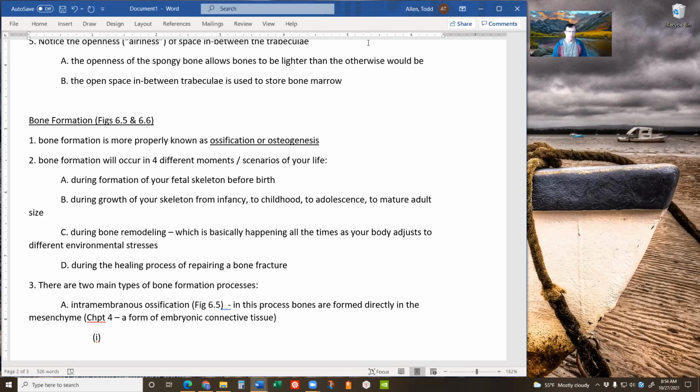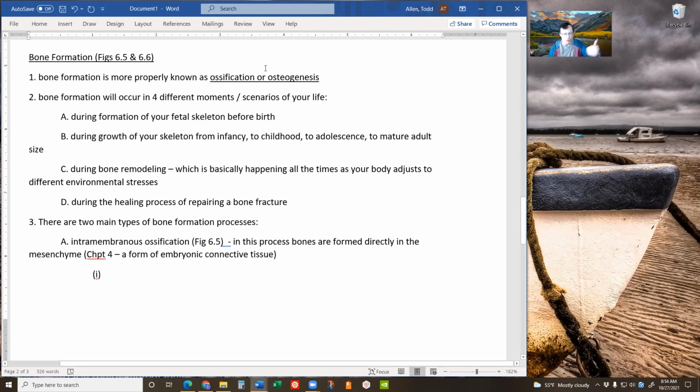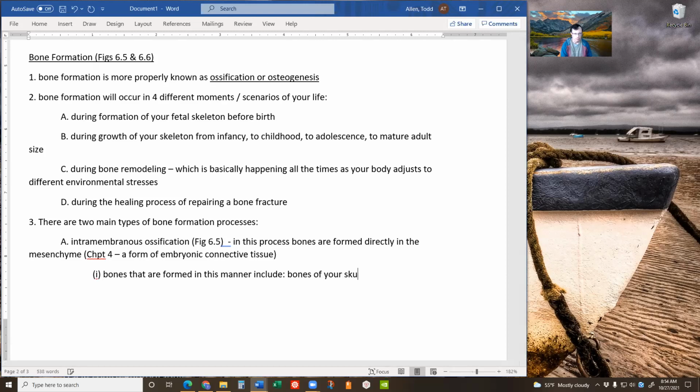So bones of the skeleton that are made by intramembranous ossification include bones of your skull, most of your facial bones, your mandible, and oddly enough, the medial portion of your clavicle, the medial portion of your collarbone, which is kind of strange to think about, that the entire clavicle is not made by intramembranous ossification, only a portion of the collarbone is made in this way.